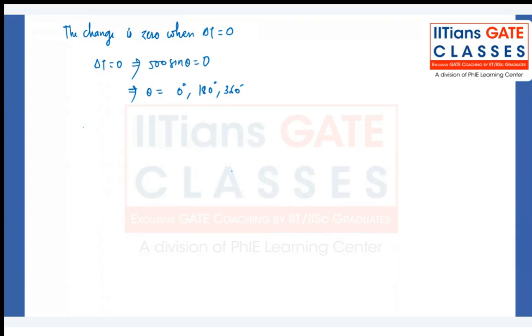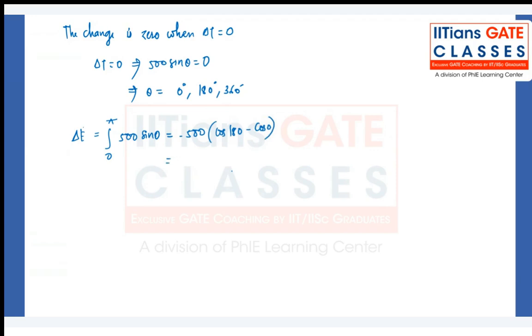So what we can consider is delta E is equal to integration 0 to pi of 500 sin theta, and that is equal to minus 500 because sin theta integration is minus cos theta, cos 180 minus cos 0.